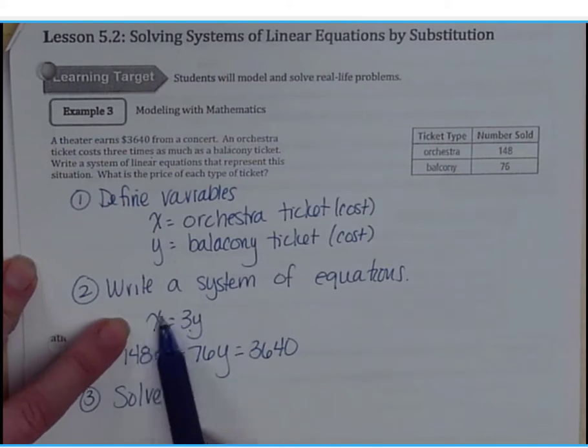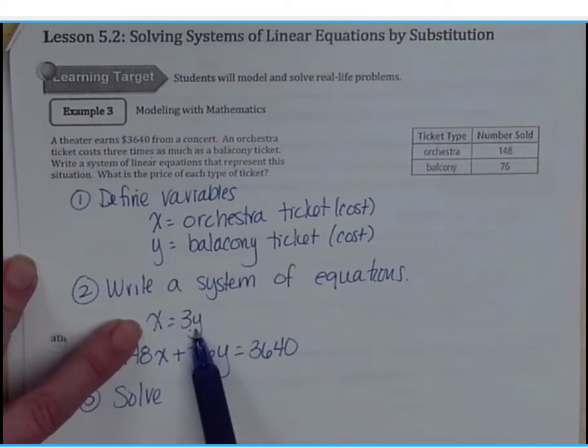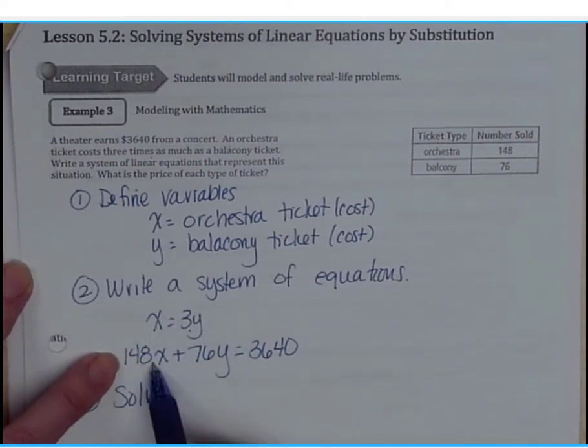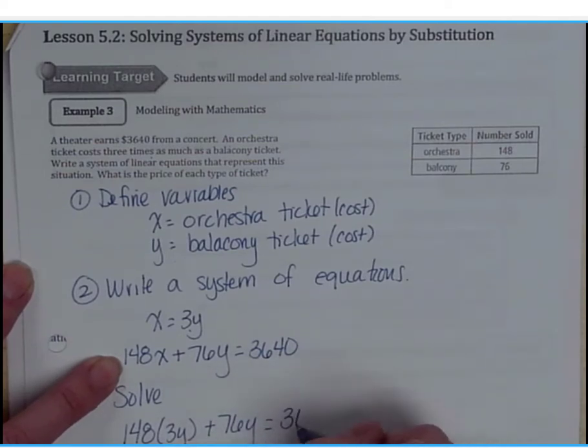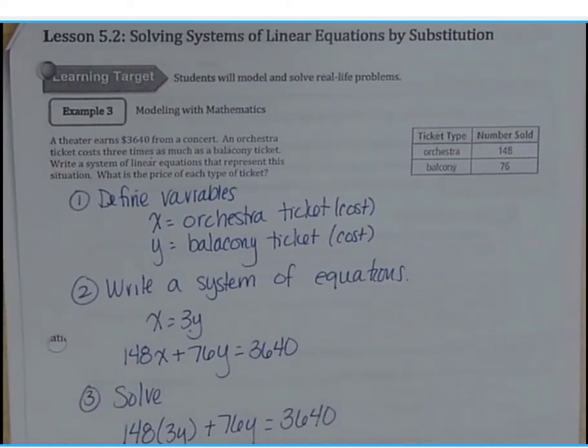Okay? So my next step is to solve. Well, since I already have this set equal to 3y, I'm going to use this one. So I'm going to replace x here with 3y. So I have 148 times 3y plus 76y equals 3,640.